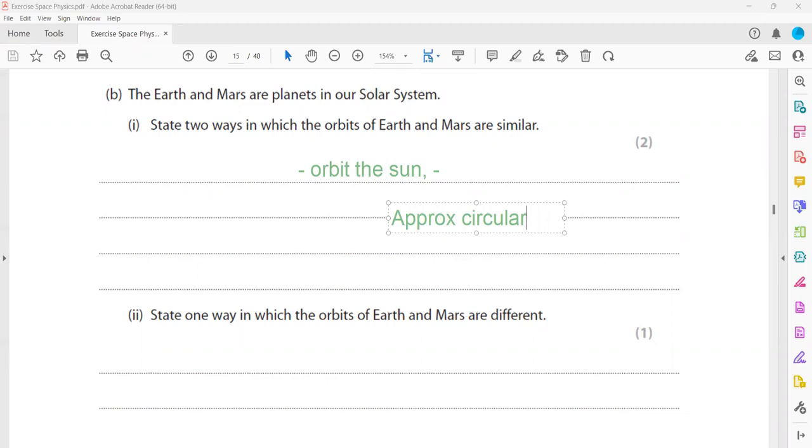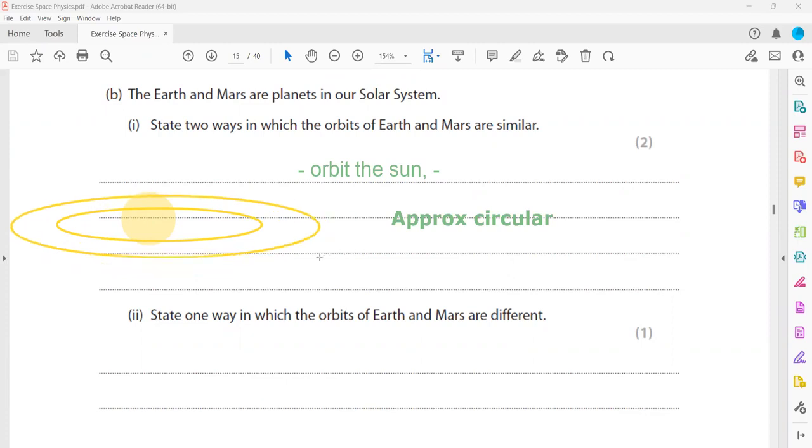Like, for example, if this is representing our sun and this is the orbit of Earth, then this will be the orbit of the Mars.